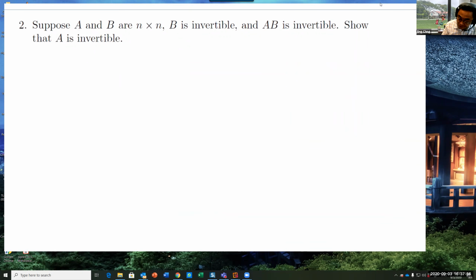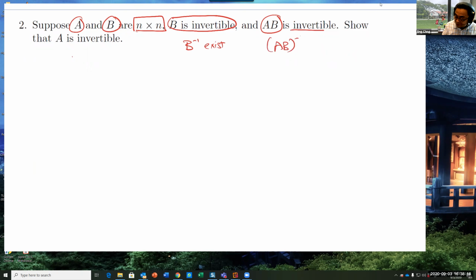Now here, the question is a little bit easier in the sense that now A and B are square. B is invertible. So he's telling you B inverse exists. AB is invertible. He's telling you AB inverse exists.